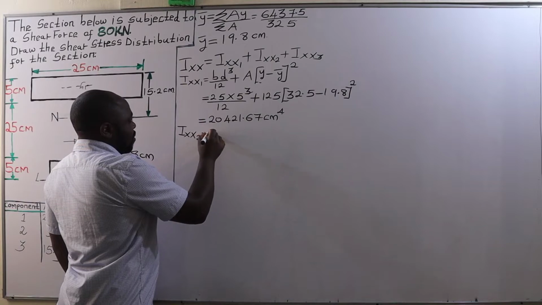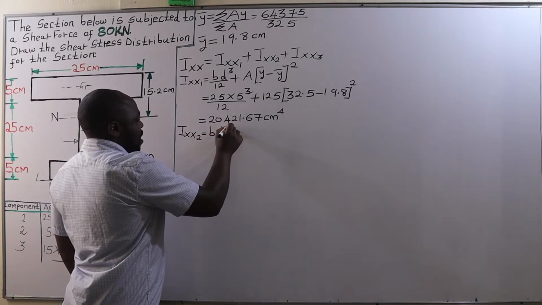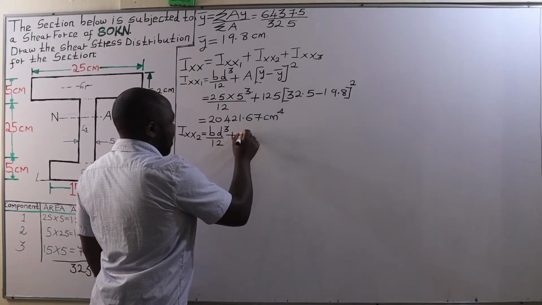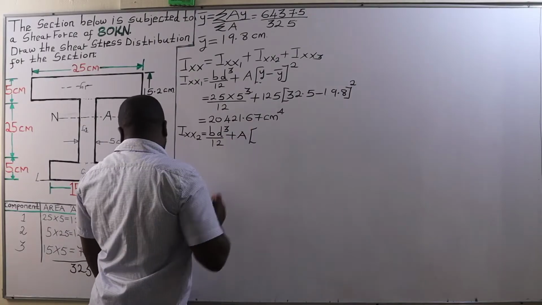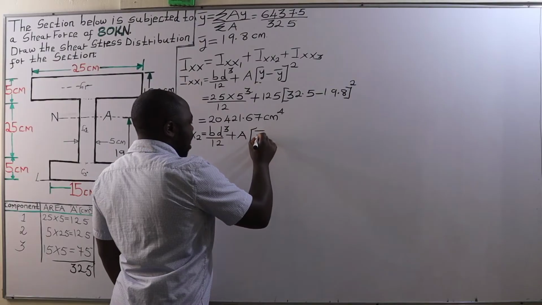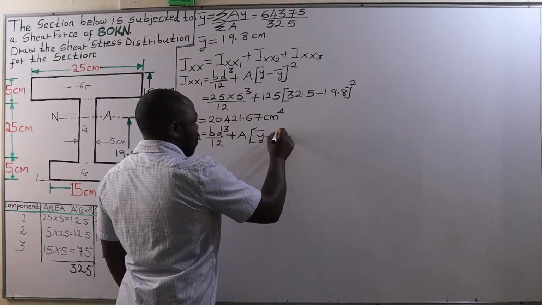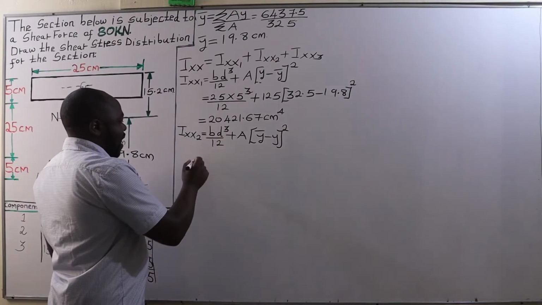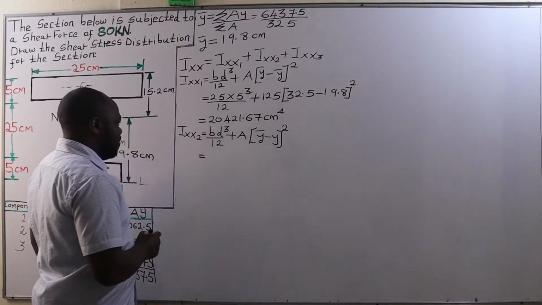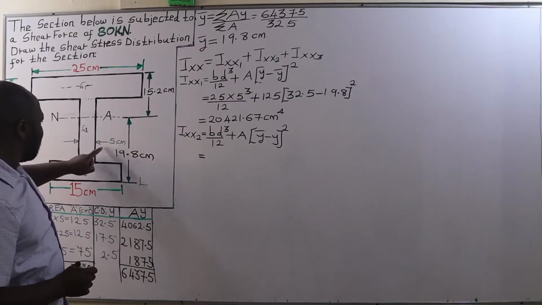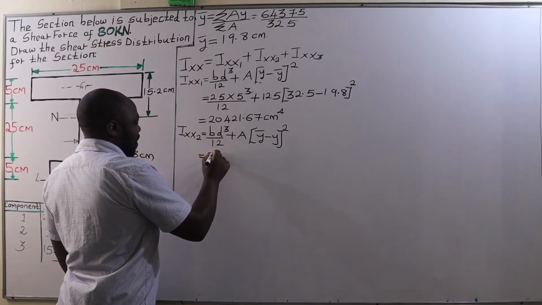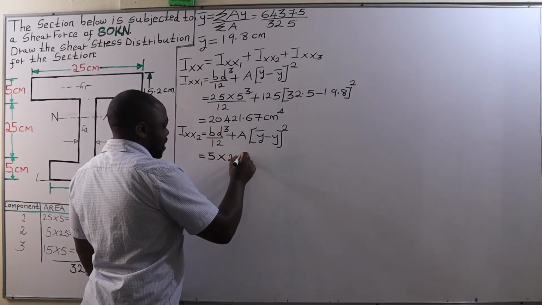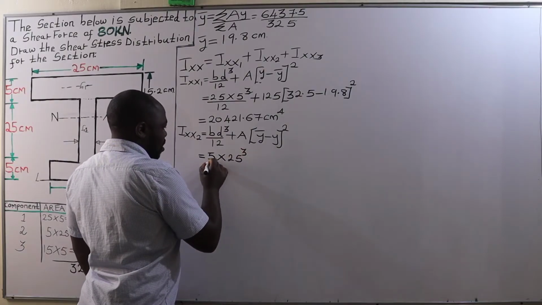Ixx2 will be given by BD cubed over 12 plus area into bar y minus y, and then we square it. This is going to be equal to, the breadth of the web is 5 centimeters, therefore we have 5, the depth is 25 centimeters cubed.